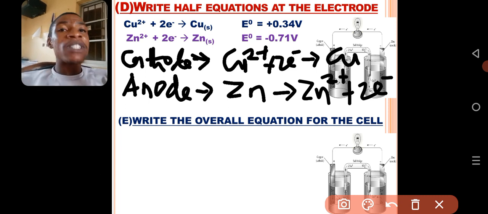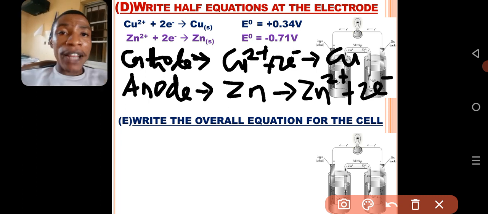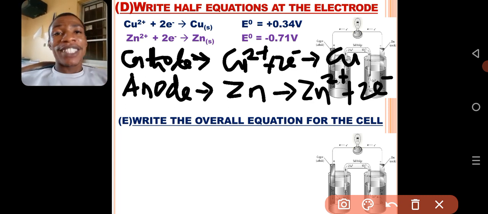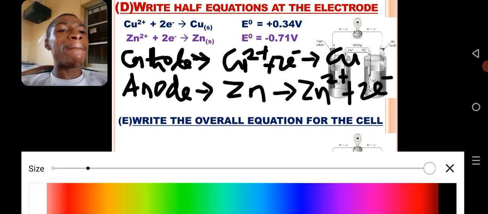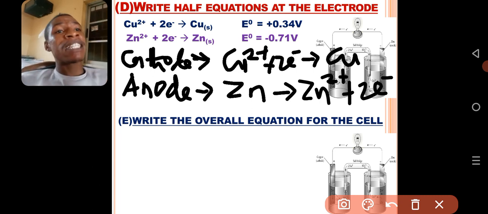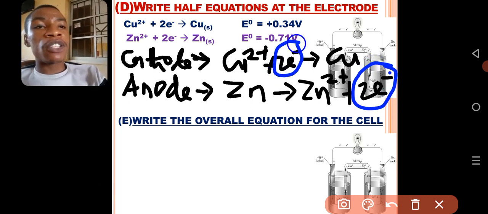Just repeat the equation for cathode, but reverse the equation for anode. That's all. To now write the overall equation, you know already how to write the overall equation. Check for the electrons, make them equal if they are not already equal. But in this case, the electrons are equal. 2 electrons here, 2 electrons here.